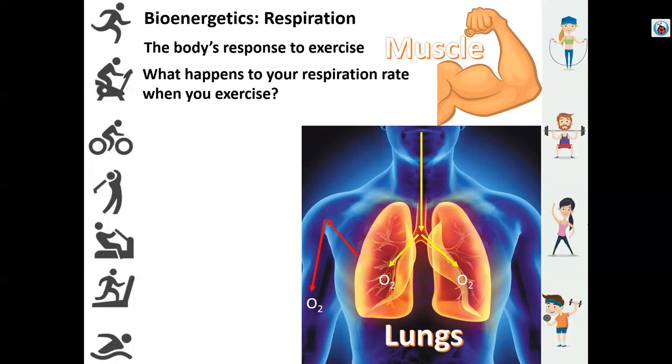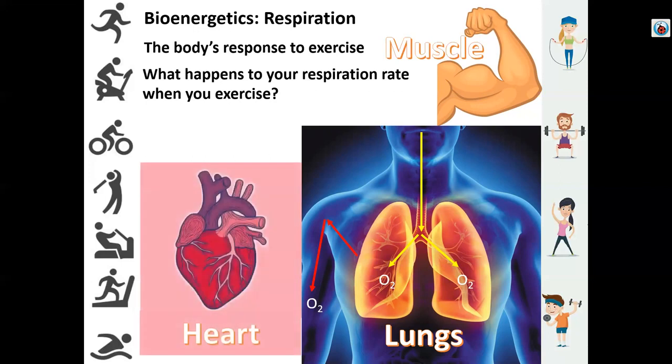What you should have also noticed is your heart rate will have increased, because your heart would start pumping faster to pump that oxygen as quickly as it could to the muscles, so that aerobic respiration could take place and the muscles would then have the energy to contract. So the answer to the question, what happens to your respiration rate when you exercise, is it increases.